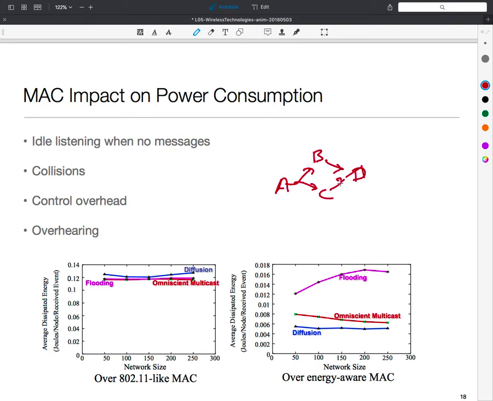Now, the advantage that brings is the following. Let's say there are two parties talking, A and B, and in the same vicinity there are C and D talking. If we were operating with the kind of MAC I described for 802.11, then they're all sharing the same wireless channel, same frequency, and so they will all collide with each other.